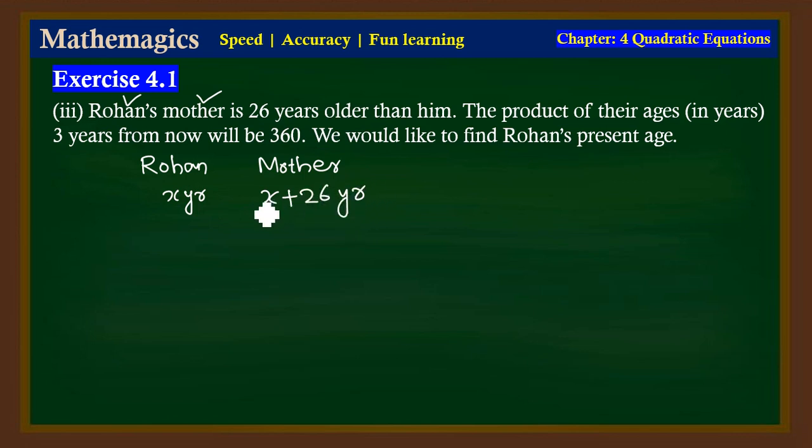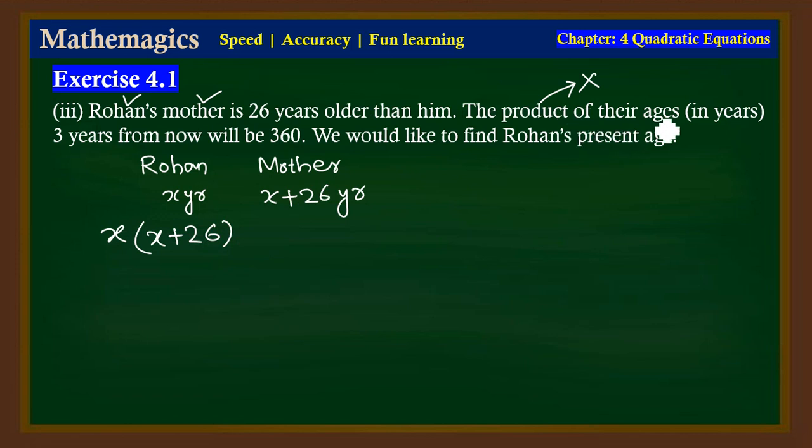It is so simple. Now, the question is saying that the product of their ages. Obviously in the past question I already have discussed that the product is equal to multiply. So, according to the question, the product means x into x plus 26.